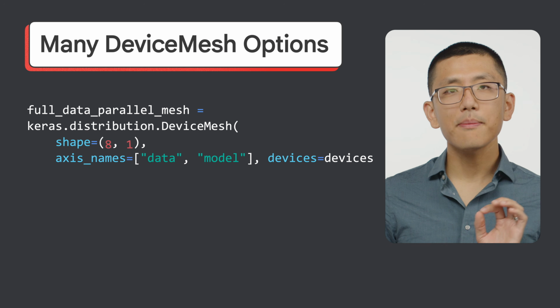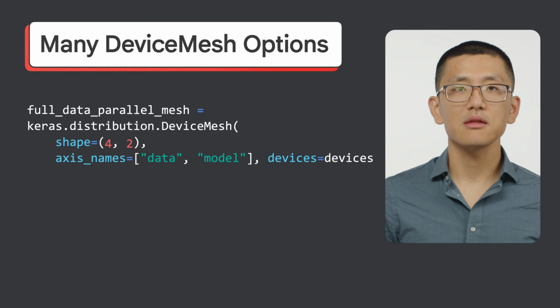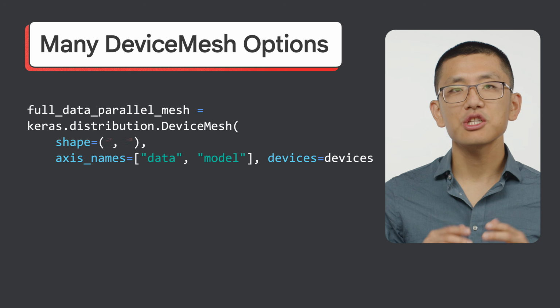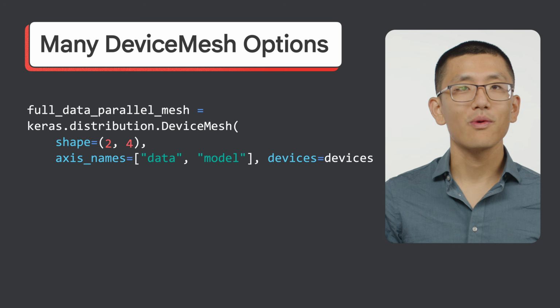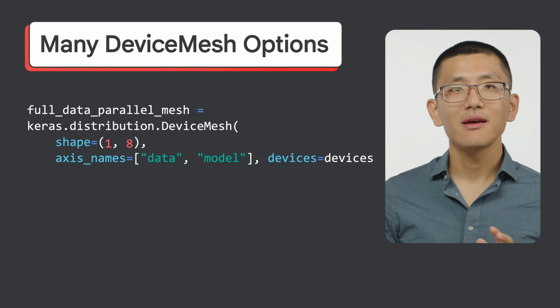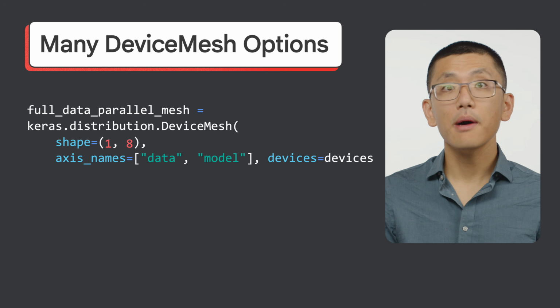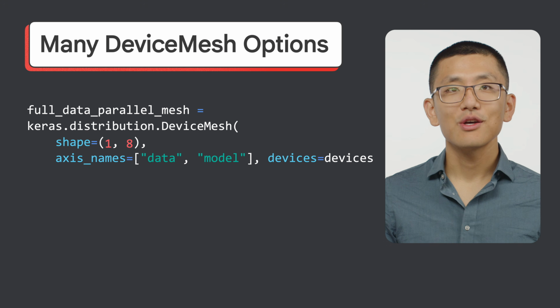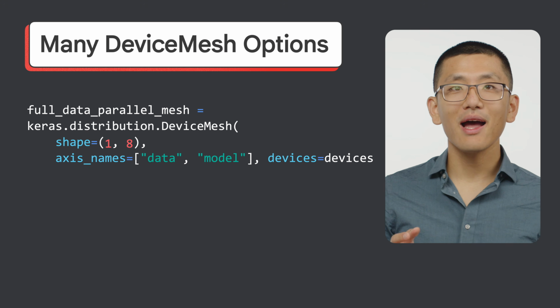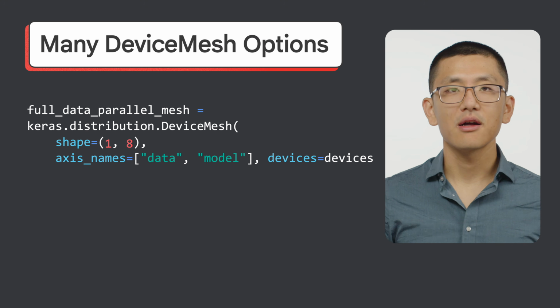You can easily tune the balance between data and model parallelism simply by adjusting the shape of your device mesh without changing any other code. This example shows different ways to arrange 8 devices, but if you have more devices, you'll have even more options of how you want to balance data and model parallelism.